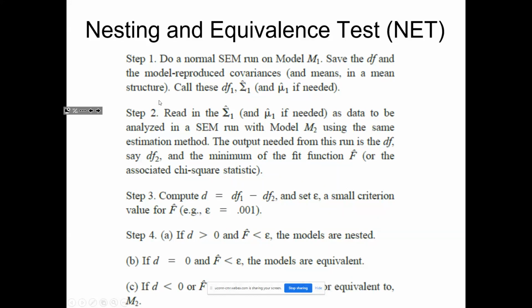Now, they talk about the idea of whether it will always be exactly 0. So he suggests setting up a criterion like a chi-square of less than 0.0001, or something really, really small. Mplus usually only gives you 3 decimal places, so it's going to look like a chi-square of 0.